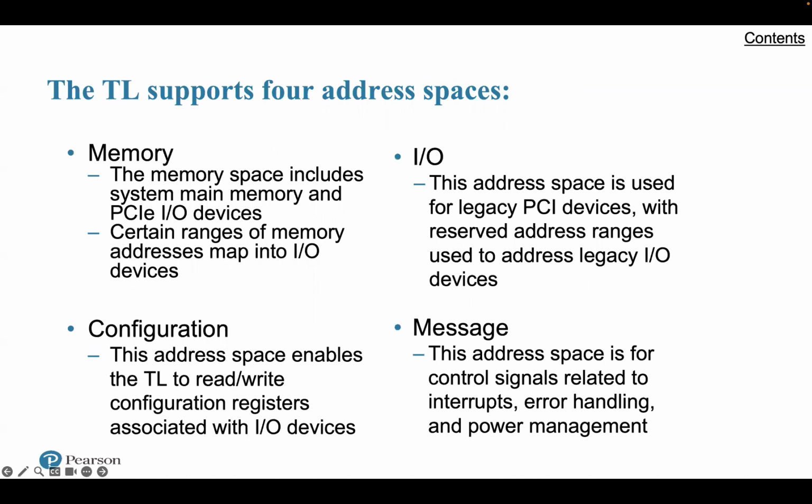The IO address space is used for legacy PCIe devices, with reserved memory address ranges used to address legacy IO devices. Configuration, this address space enables the TL to read and write configuration registers associated with IO devices. The messages address space is for control signals related to interrupts, error handling, and power management.